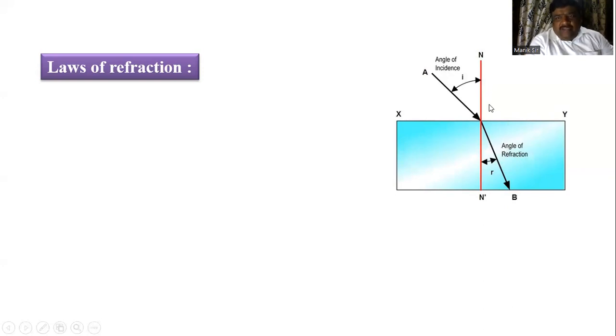Remember, when light travels from the rarer medium to the denser medium, it bends towards the normal. Now this is the refracted ray. The incident ray has made an angle with the normal, that is called angle of incidence, and the refracted ray has made an angle with the normal, that is called angle of refraction. Angle of incidence is indicated by small letter i, and angle of refraction is indicated by small letter r.